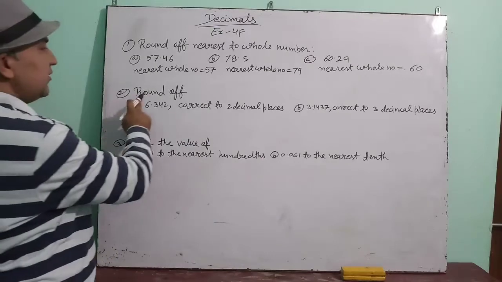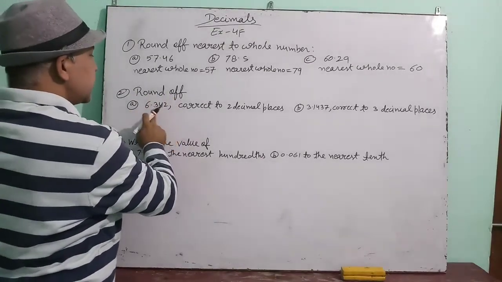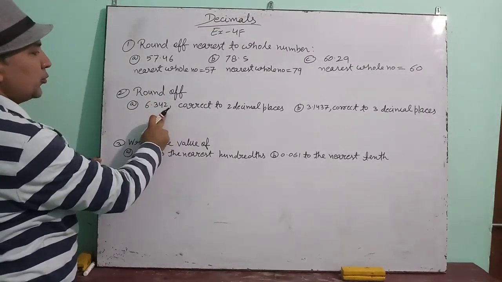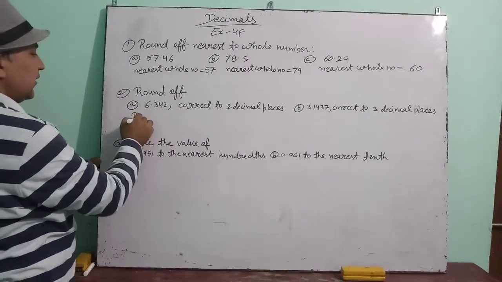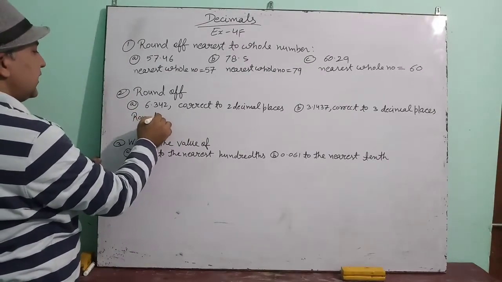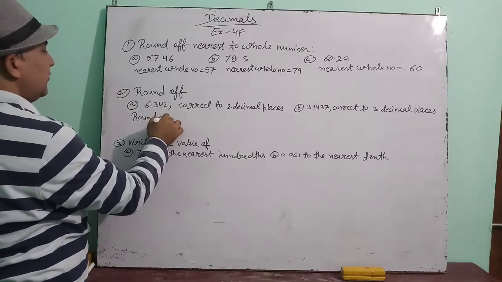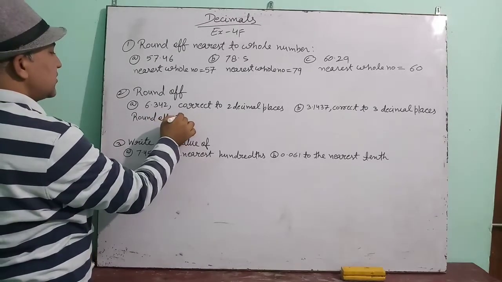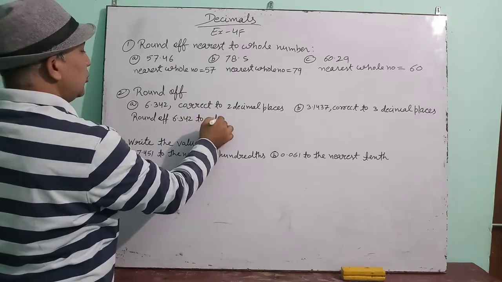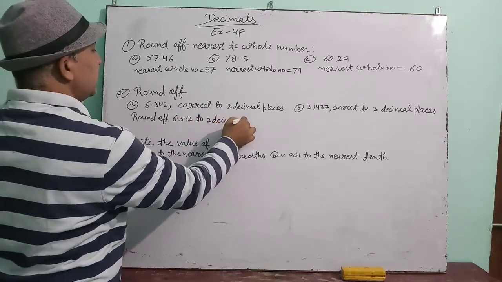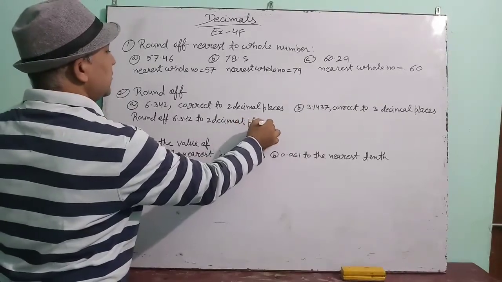See this question, again round off. 6.342 correct to 2 decimal places. See, round off 6.342 to 2 decimal places.